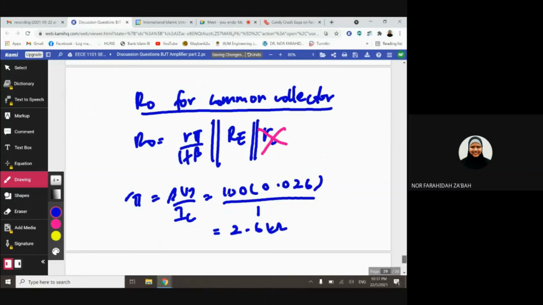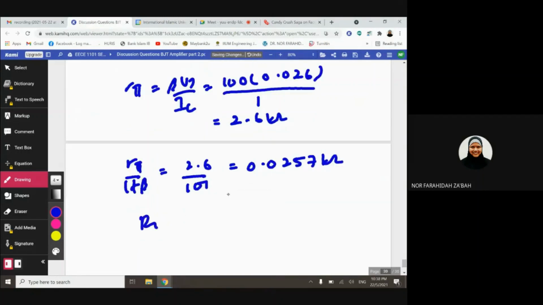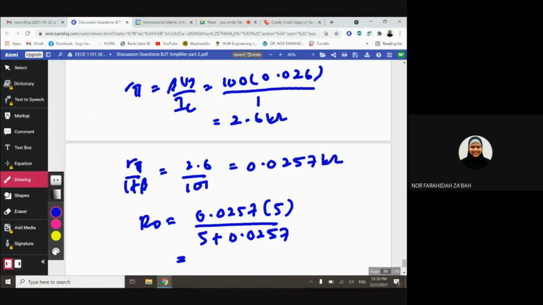Okay, and then R pi over 1 plus beta is 2.6 over 101, 0.0257 kilo ohm. Now I can do the R0 calculation. 0.0257 multiply with 5, over 5 plus 0.0257, I get 0.0256 kilo ohm.